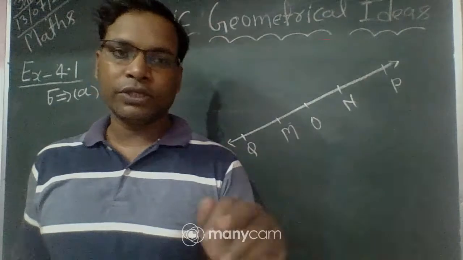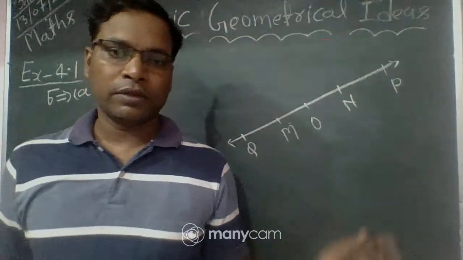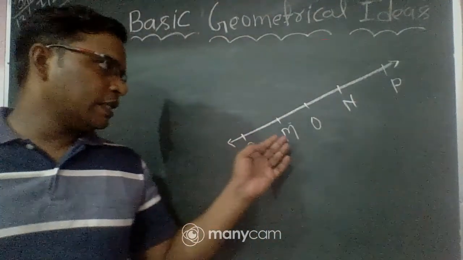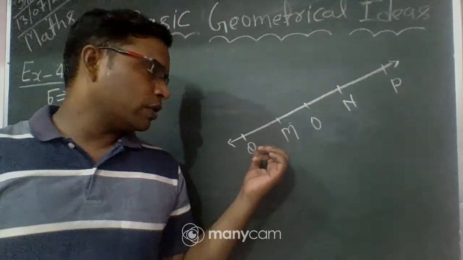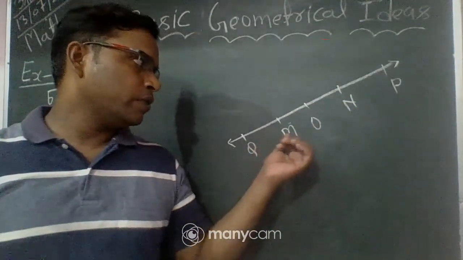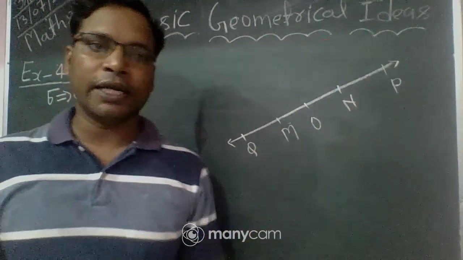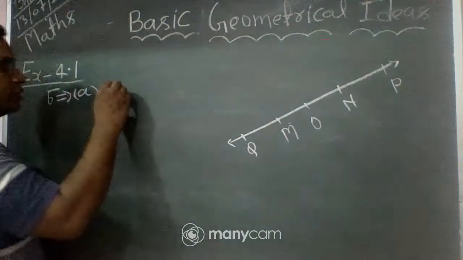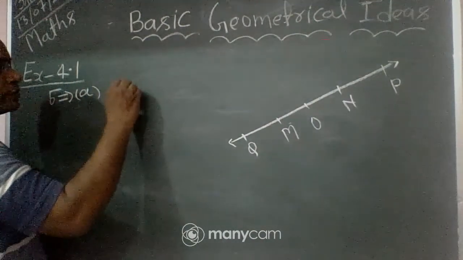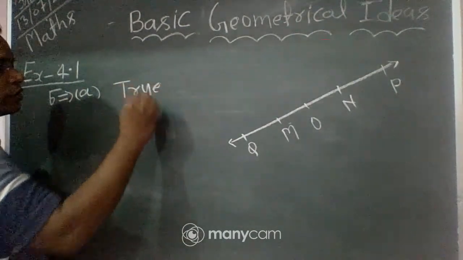So tell me, is this true or false? You can see line MN has many points: Q, M, O, N, P are on the line. So statement A is true.